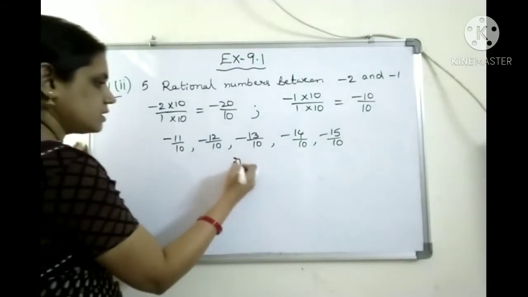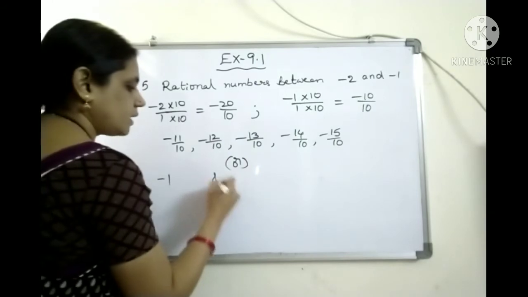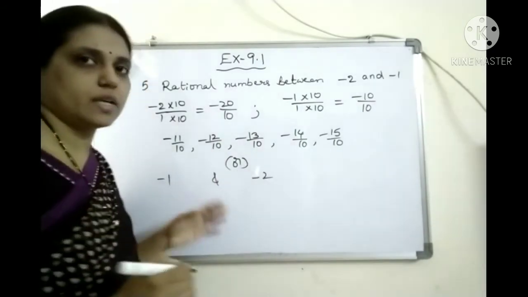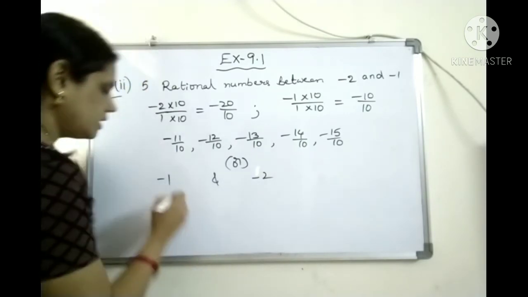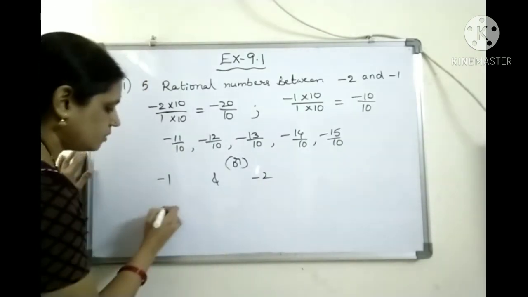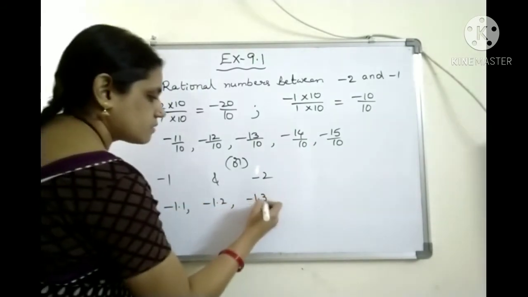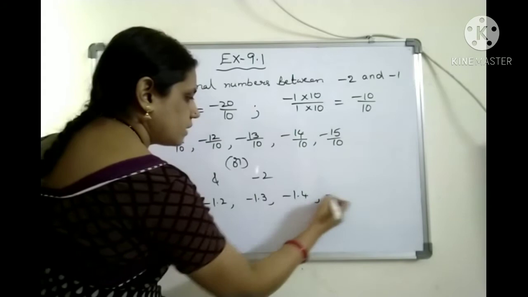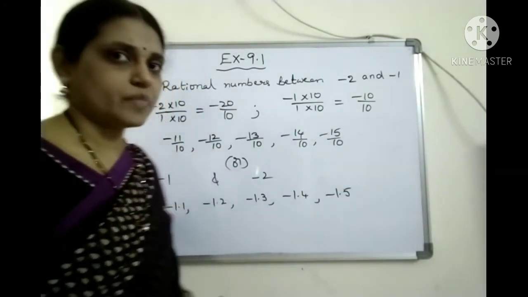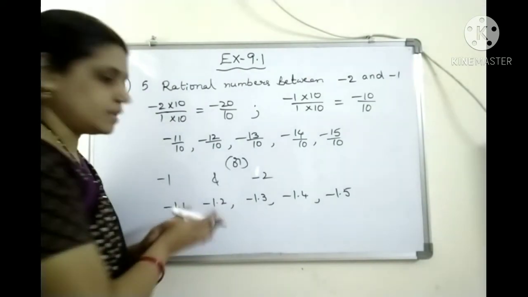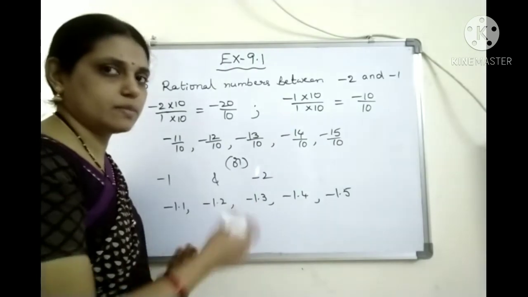Another method is between -1 and -2. Between -1 and -2 you have to write 5 rational numbers. Easy way is to write first the decimal numbers. So between -1 and -2, -1.1, -1.2, -1.3, -1.4, -1.5, -1.6, all these will be there. Okay, so easily we can identify that between -1 and -2 these are decimal numbers we can take. Negative decimal numbers are there.